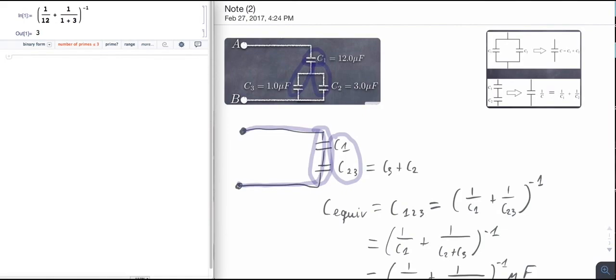If I was going to collapse this using the series laws, which one do I do first? Do I do C1, C3 first, or can I choose C2 and C1 first? I don't know which one to do.